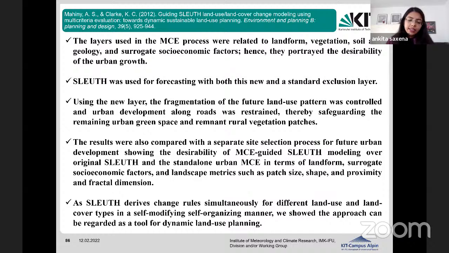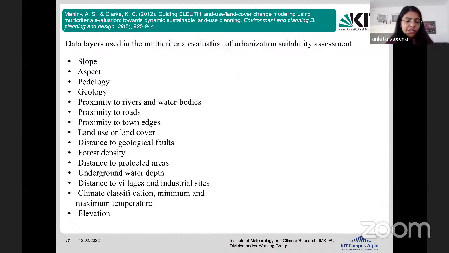You can model the urban growth for scenarios. So these are the variables they considered, like slope, aspect, pedology, geology, proximity variables, forest, and distance to villages, industrial areas, and yes, some climate classification aspects they also considered, because some areas are very rainy and some are snowy, and these are the factors one would like to consider in their modeling.